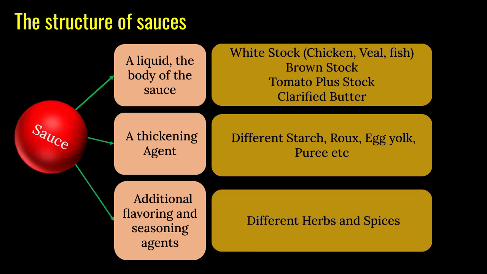Different herbs and spices we are going to use. So majorly three things are required: the liquid, the thickening agent, and additional flavoring, spices and seasonings. Once you get these things well blended and well cooked together, the ultimate product is nothing but a sauce. Now let us try to classify the sauce, which is very important.